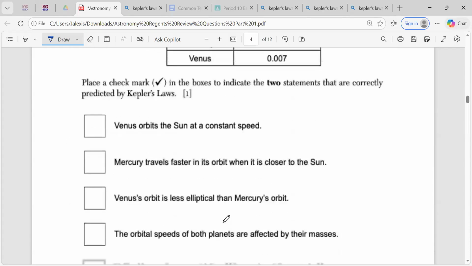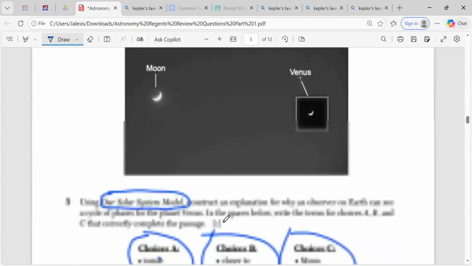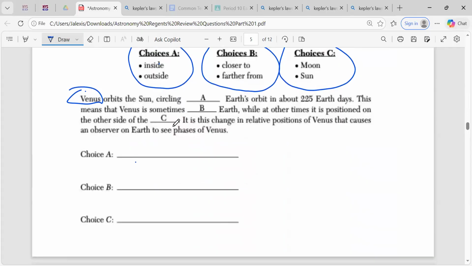So for number one, I'm not going to circle, but I'm going to write between these two options: it is inside. Okay? The next one says: this means that Venus is sometimes closer to or farther from Earth, while at other times it is positioned on the other side of the blank, which is the moon or the sun.